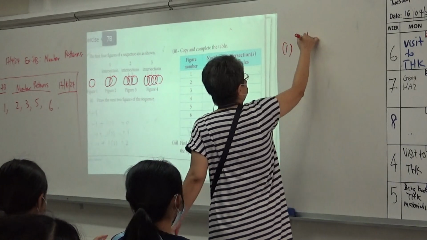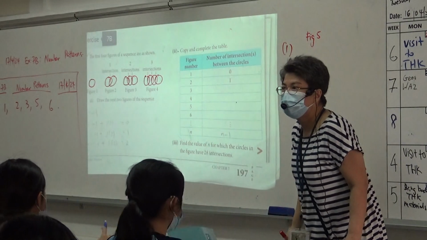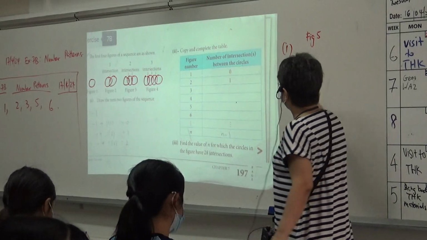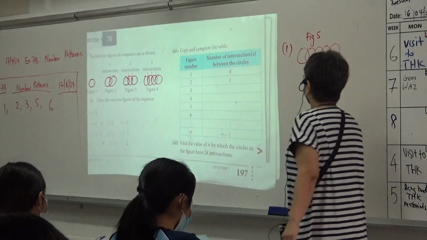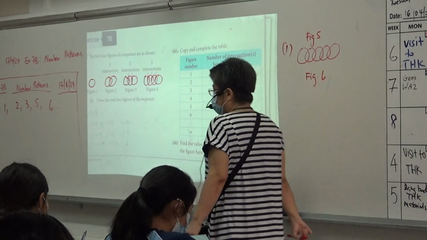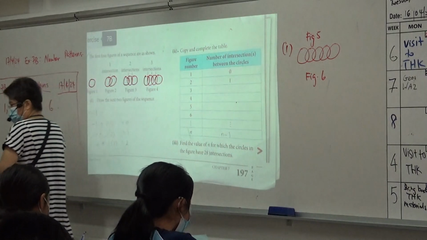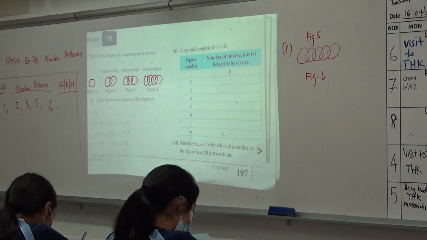Part 1. Can you write down figure 5? How many circles? 5. Can you draw properly? Next one. Can you draw figure 6? Draw properly. I must be able to see the intersection.